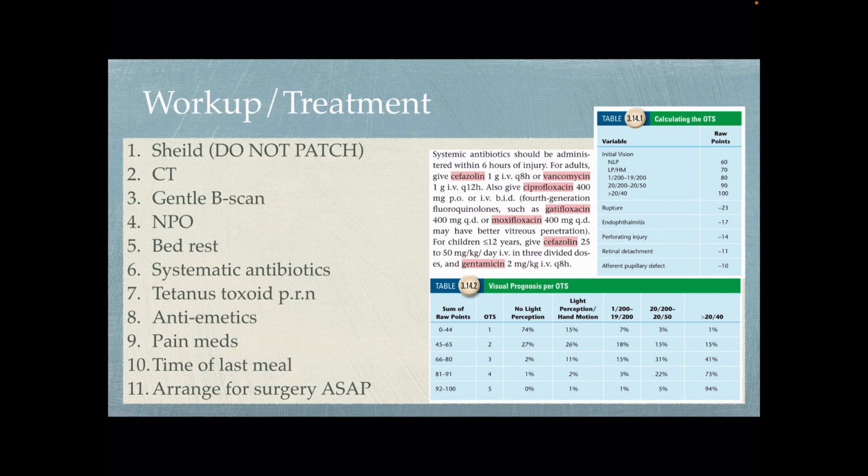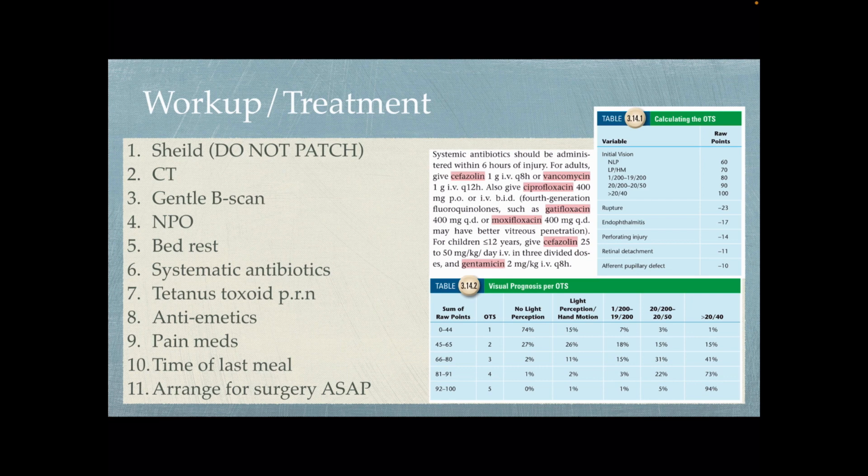Infection, of course, is something more likely to happen if there's a dirty injury or if there's a retained foreign body in the eye, or if there's a rupture of the lens capsule, or even a long delay until the surgery is performed.